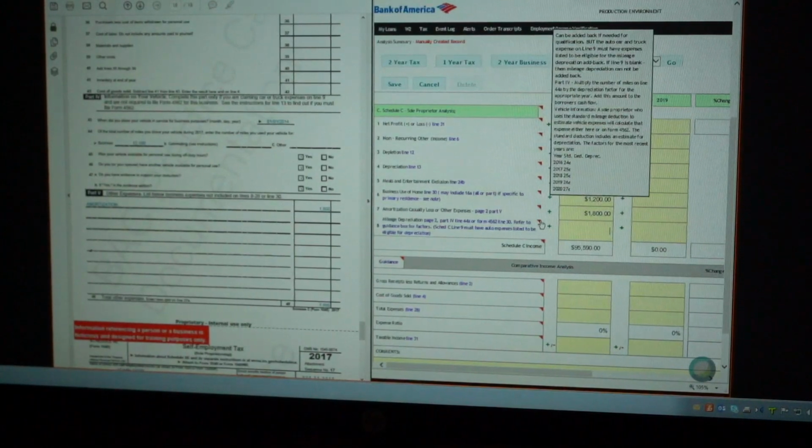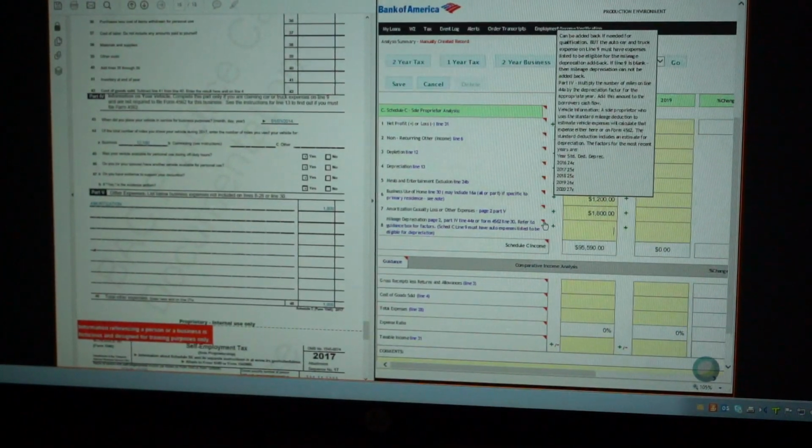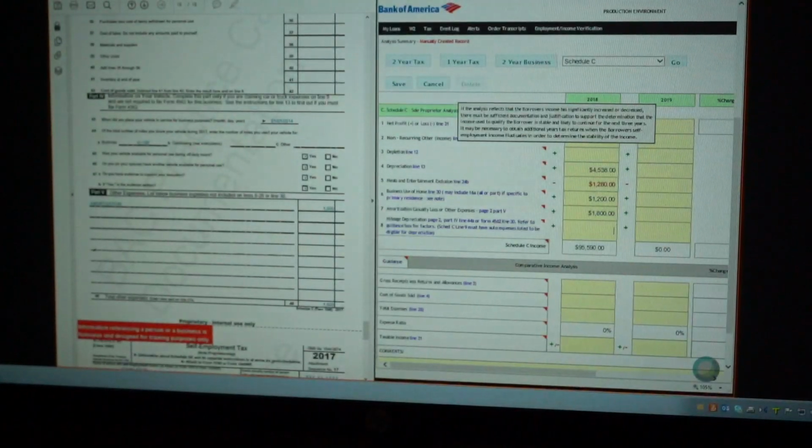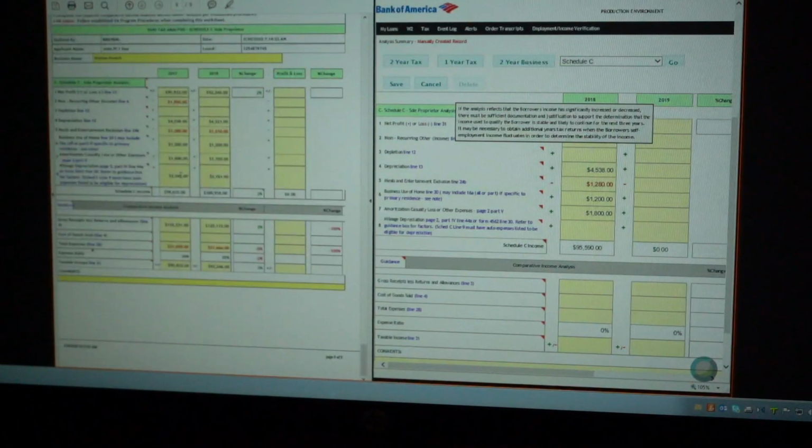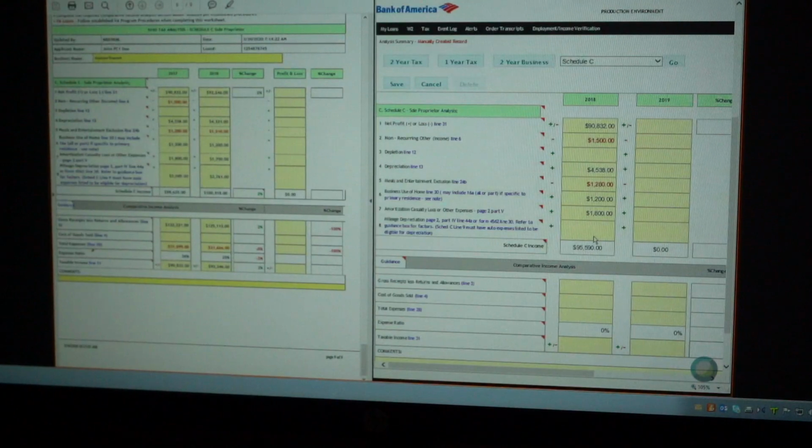That is depreciation. All right. So that's basically, here it spells out the same thing that I'm doing here. Okay, so that gives me 3,045 for my depreciation.